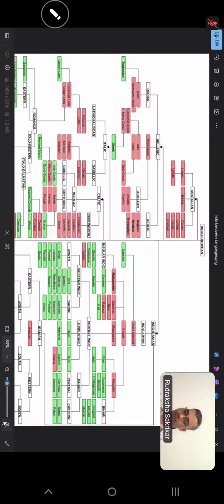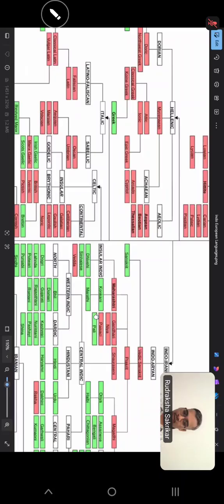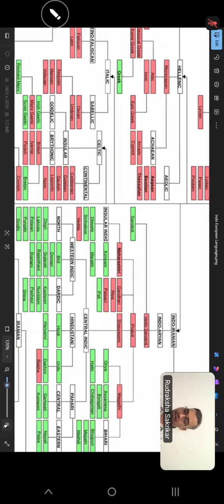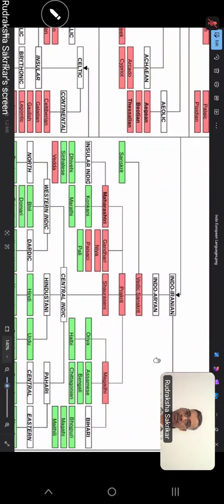Now, if we focus on our Indian languages and the branch related to them, the main family is Indo-European, and under that, the subfamily is Indo-Iranian. So, Iranian language. The old Iranian was called the Avestan language.